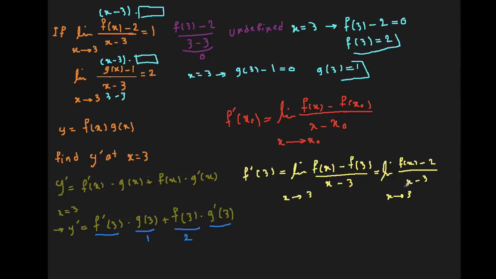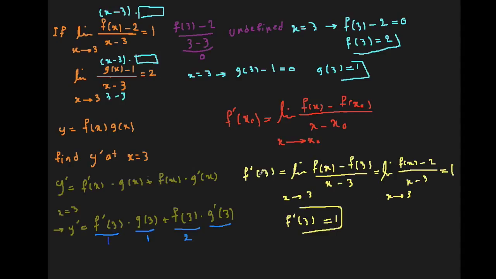The thing we can observe here is that this limit looks exactly like this limit that is given in the question. So we already know the answer for this limit, which is 1. So f prime of 3 is 1. Okay, we found the third value that we were looking for.